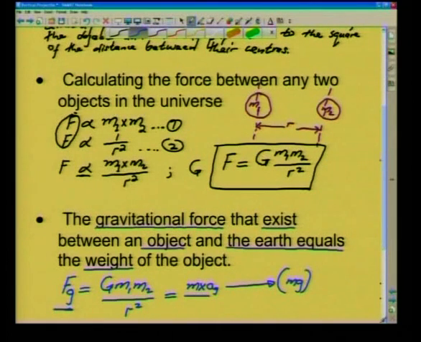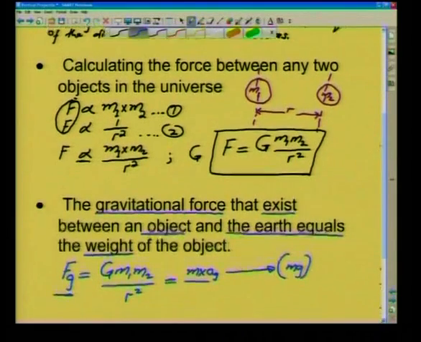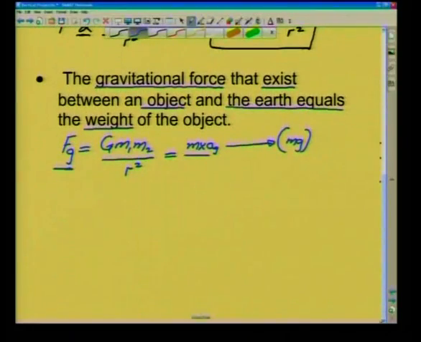But we know that the mass of an object compared to the mass of the Earth is very, very small. So we can say that this gravitational force that is equal to the weight of the object on Earth is actually this force here. Let's use capital M for the mass of the Earth and small m for the mass of the object, which could be you or any other object around the Earth.